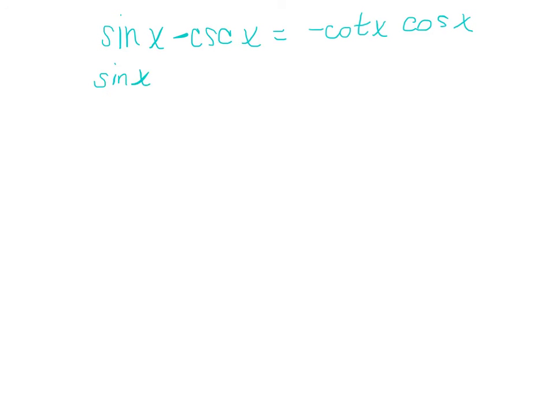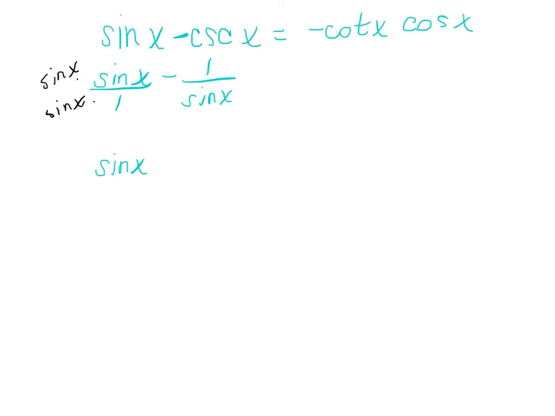So I can write this as sine x minus 1 over sine x. This is sine x over 1. I don't have a common denominator, but I can create one. If I make my common denominator sine x, then that will force me to multiply both top and bottom of this left expression by sine x in order to get the new denominator.